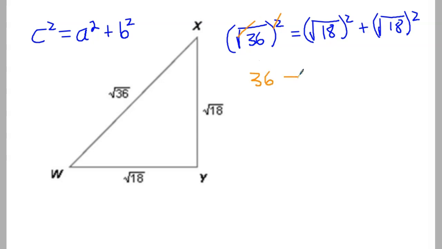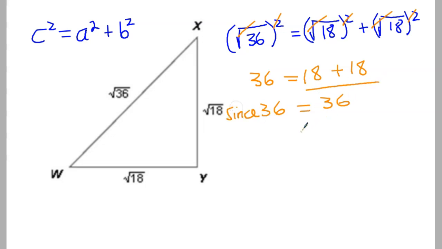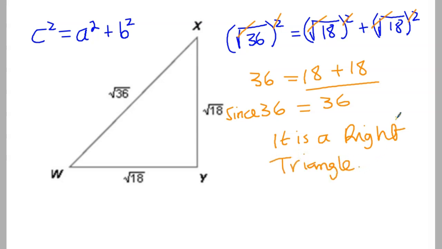We get 36. We get 18, and another 18. We put it together, we get 36. So since 36 equals 36, it is a right triangle. Okay, it's becoming easy peasy.